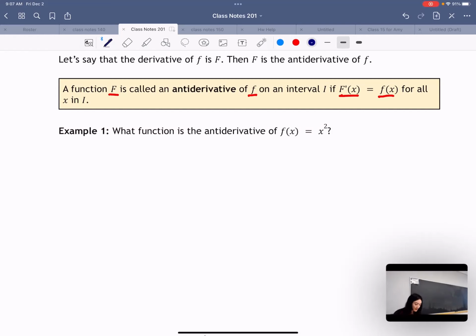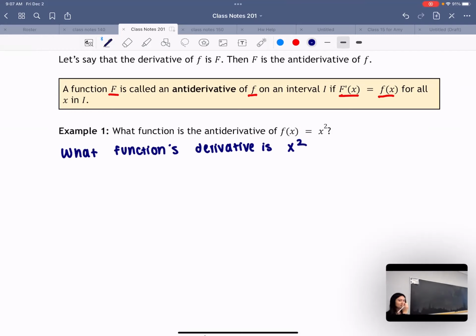Let me write that out real quick. We're going to ask ourselves if we can find a function whose derivative is x squared. Any function that has a derivative that ends up being x squared.